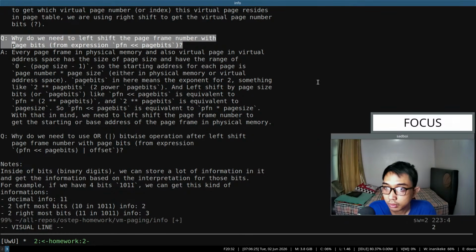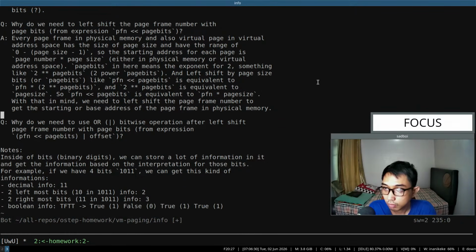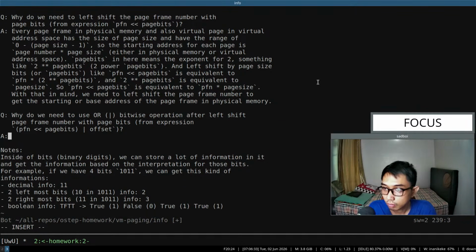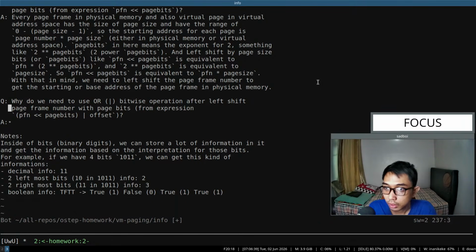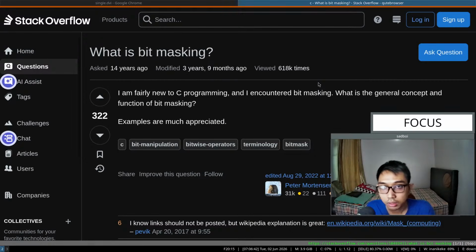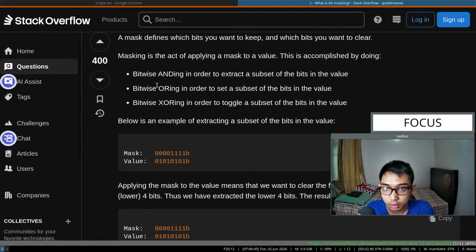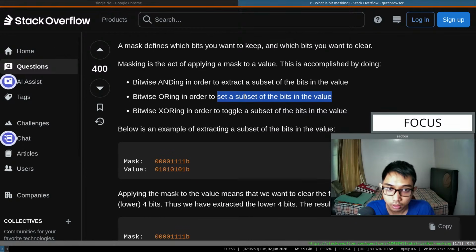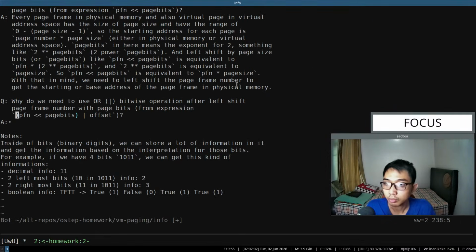That's fine. Okay, if I understand correctly, bitwise OR is to set a subset of bits in the value. Let me try, I guess.